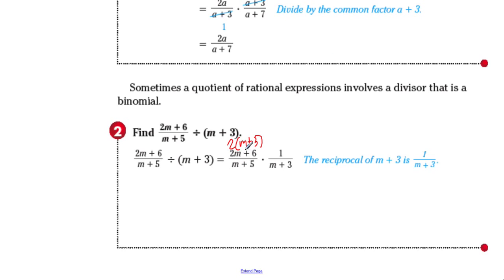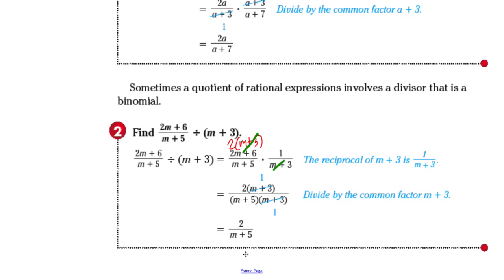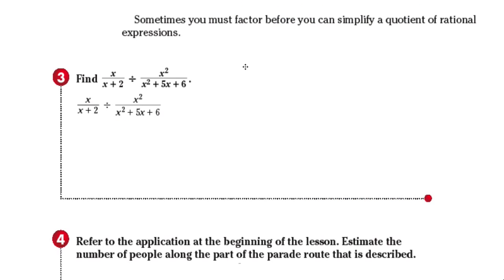Now I can cross cancel m plus 3, which is exactly what happened here, and you now have 2 over m plus 5. And that's how we found 2m plus 6 all over m plus 5 divided by m plus 3. Sometimes you must factor before you can simplify a quotient of rational expressions, and that's what we have in example 3.